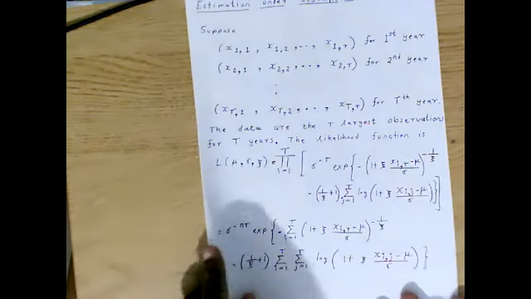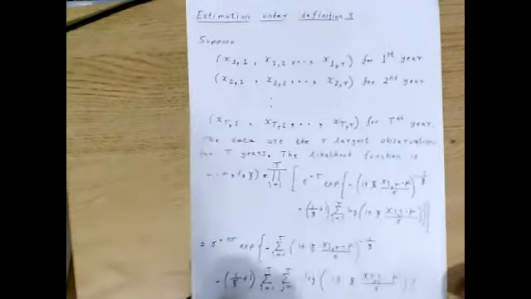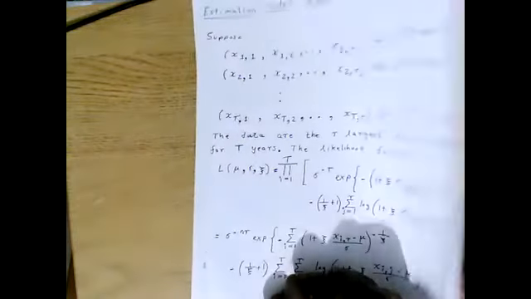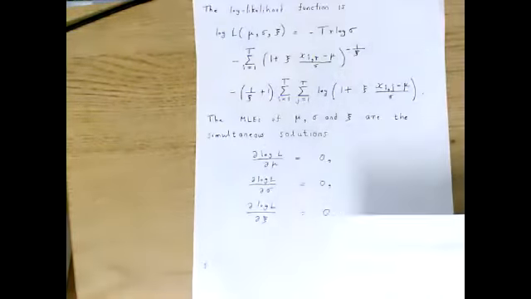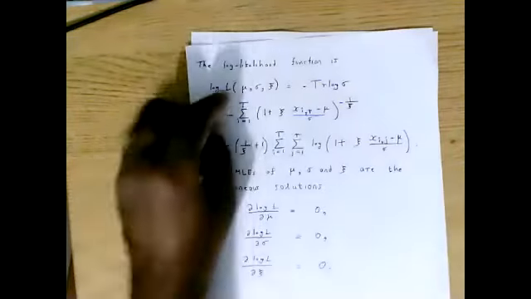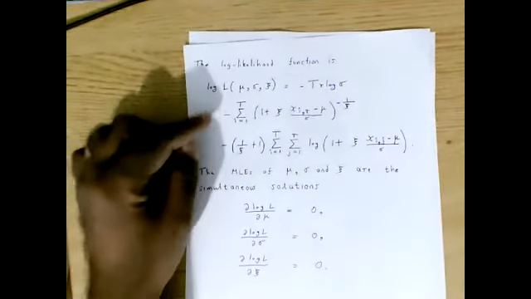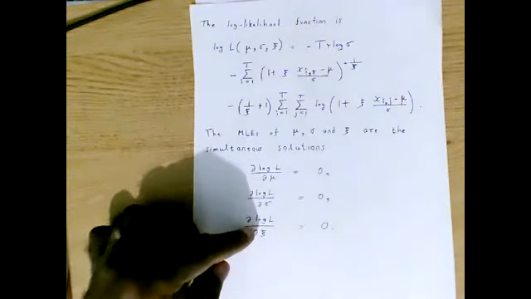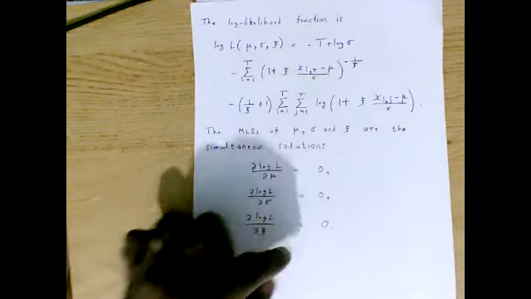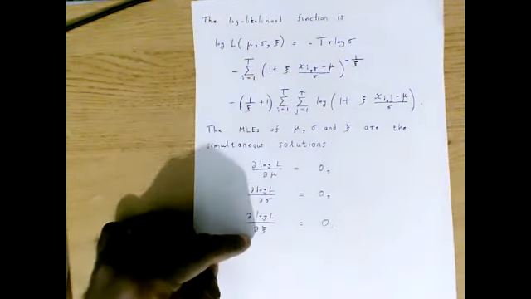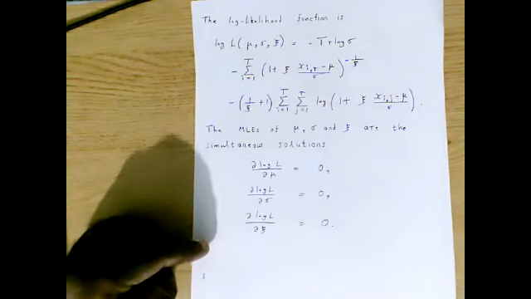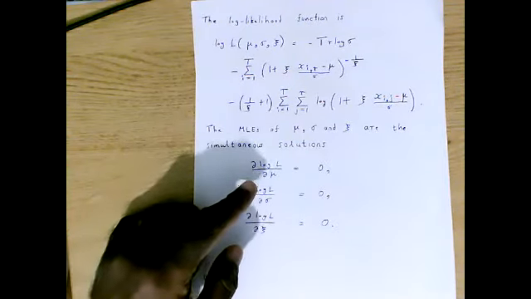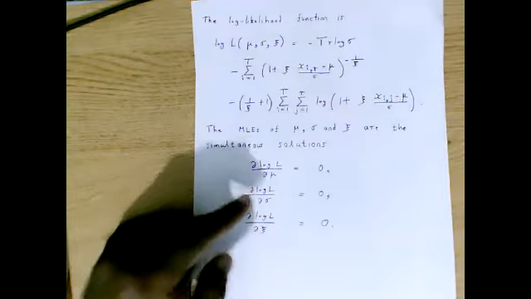And then to obtain the MLEs, you write down the log likelihood, which is this one, and then you take the partial derivatives with respect to the 3 parameters and set them to 0. You get these 3 equations and solve them to obtain the MLEs for mu, sigma, and psi.